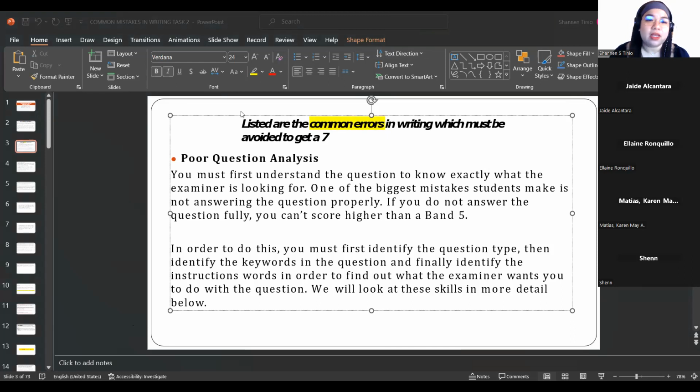All right, so the first error that students commonly do in the writing subtest is poor question analysis. Poor question analysis. What does that mean? It simply means you did not thoroughly understand the question itself.